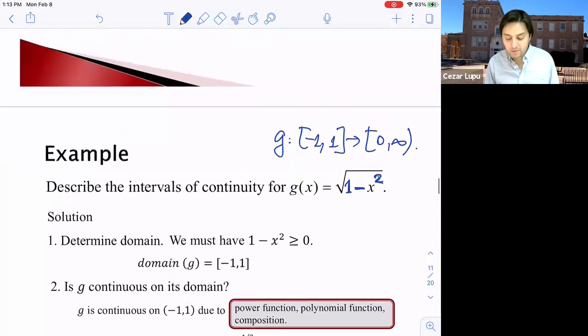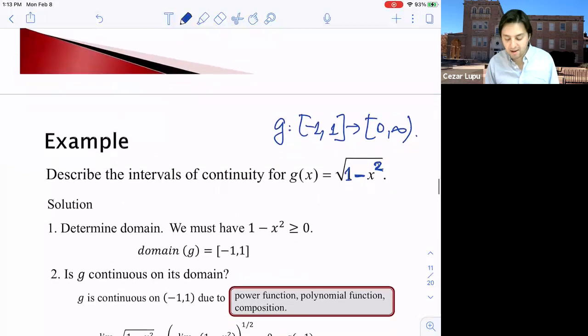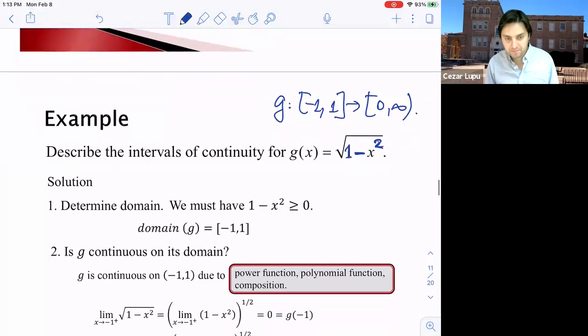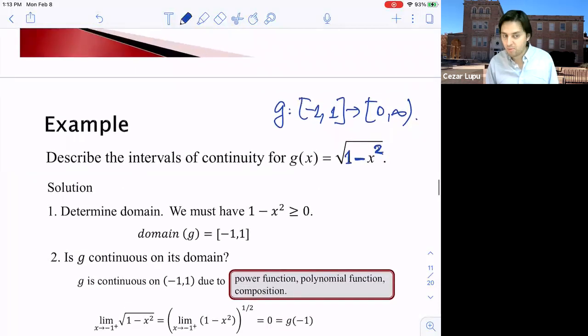Okay, but now let's see what happens at the endpoints. That will be important, because this is defined on a closed interval [-1, 1]. So we need to see what happens at its endpoints and make sure that g is continuous there.